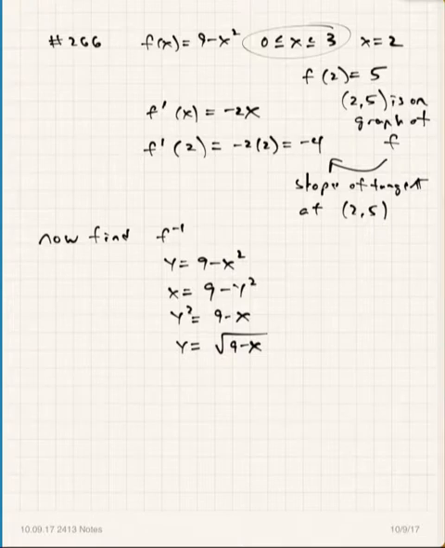So if x has to be between 0 and 3, that's telling you that y has got to be restricted also, that y has got to be between 0 and 9. That's the restriction that comes along with that one for the function f.